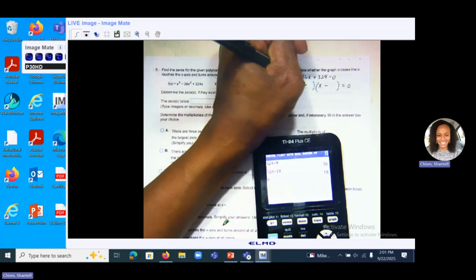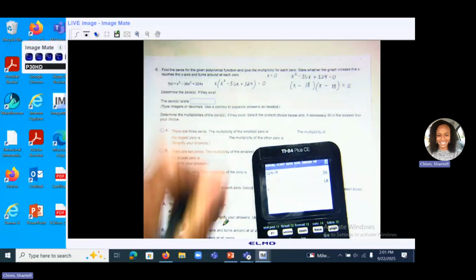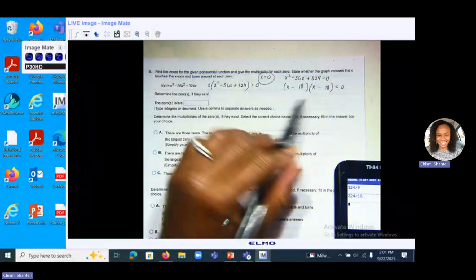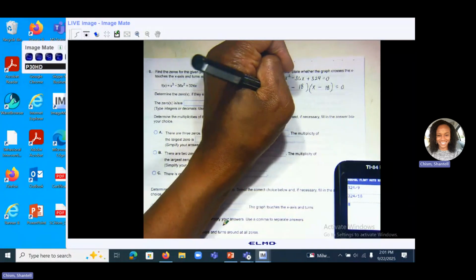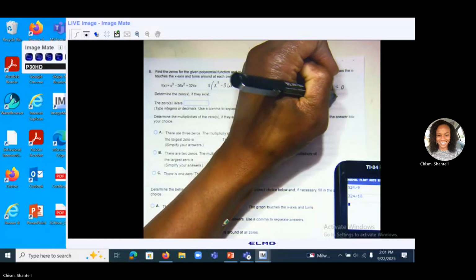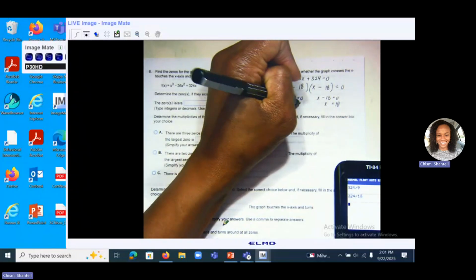So x minus 18, x minus 18, okay? And then of course I already have that one. So two factors of x minus 18, you can break them apart. So x equals 18 with a multiplicity of 2.